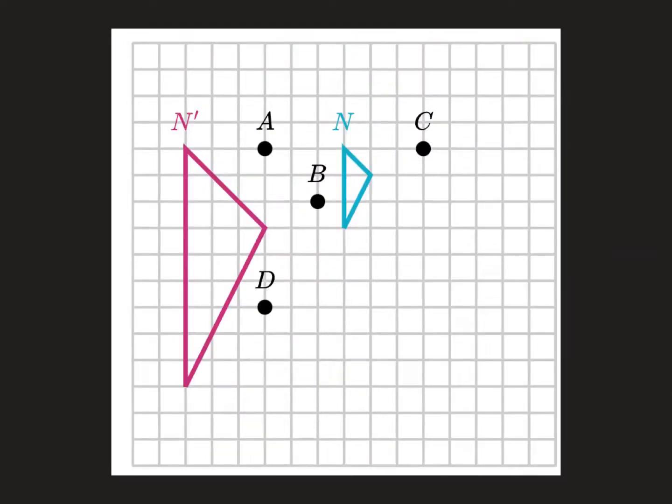So now we need to look at one that's a little bit more complicated. We're still trying to find the center, and I'm going to start off by figuring out the scale factor. If I look at the length of this side, I can see that the length is 9 units long, and then the corresponding side is 3 units long.